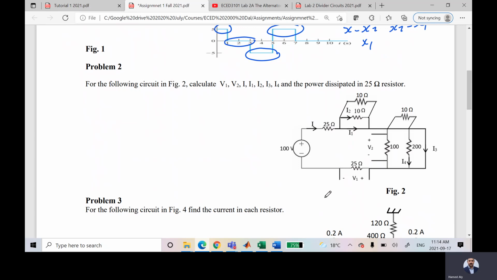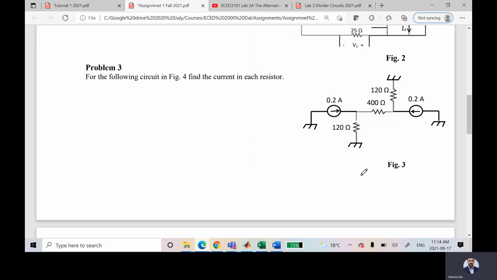Okay, any question for problem number 2? Again, if you look at problem number 2, I believe there will be only this resistor and this resistor at the end, right? Any question for this problem? Problem number 3? Yes.